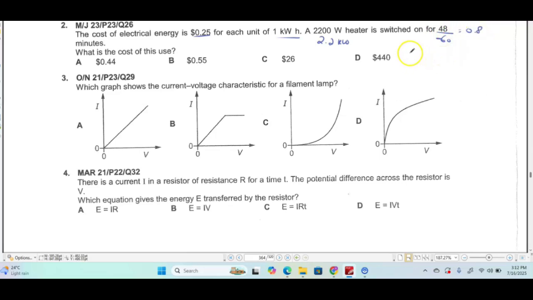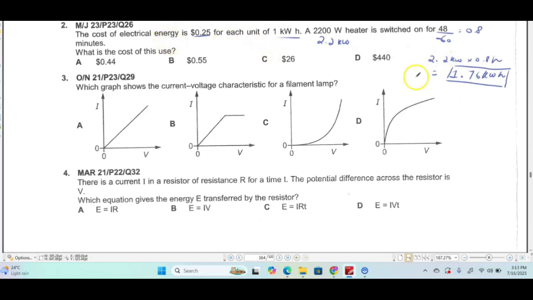To find out kilowatt hour, we need to multiply 2.2 kilowatts into 0.8 hours, and this is going to give us 1.76 kilowatt hours. So now we have the total amount of energy that has been spent when this heater was switched on for 48 minutes.